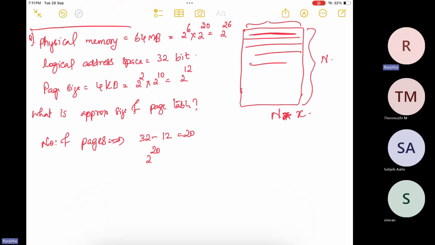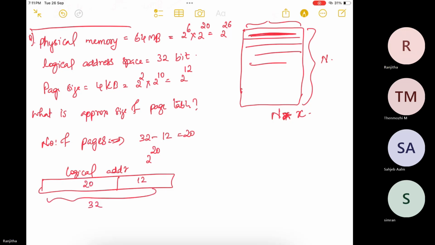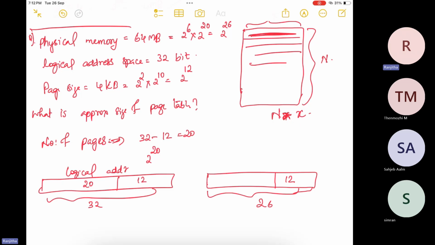So what will be the size of each of these entries? That we have to find from 2 power 26. Like the logical address, we know the displacement is 12 and this is 20, total 32. Now the physical address total is 26. We know this is 12 because the frame size and page size are the same.